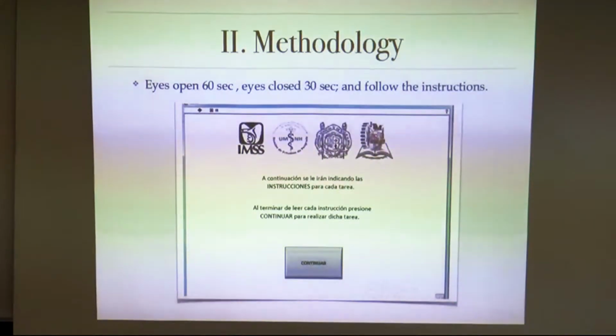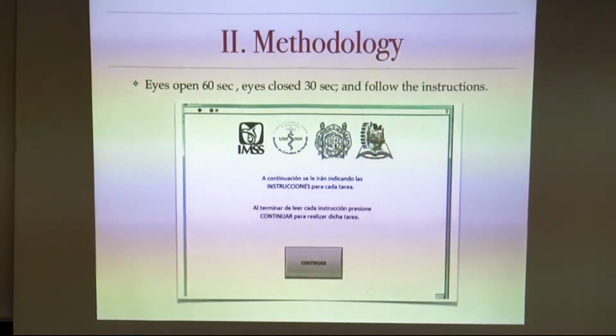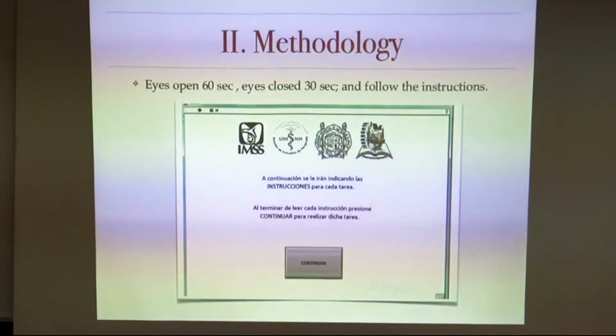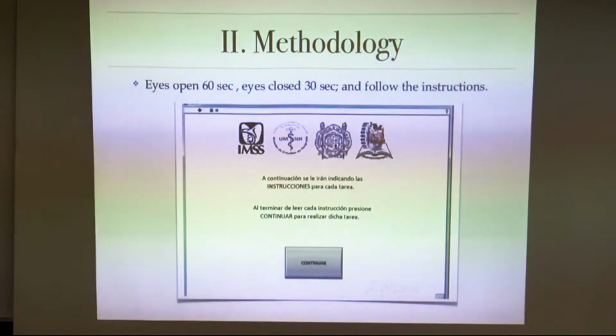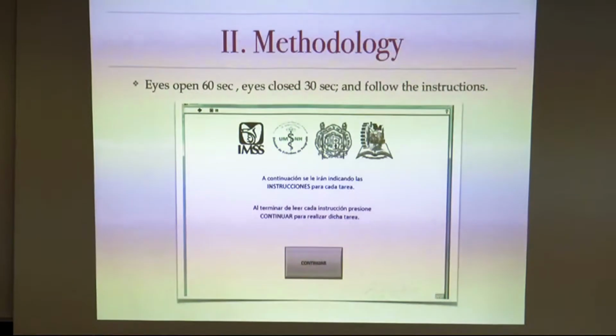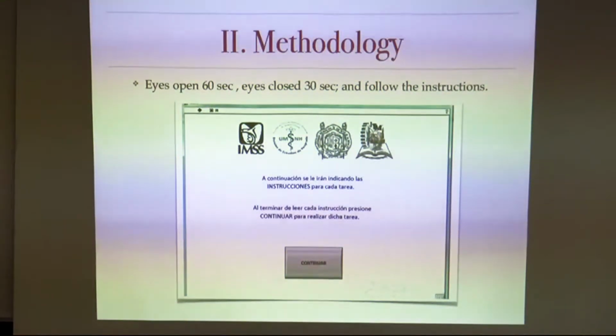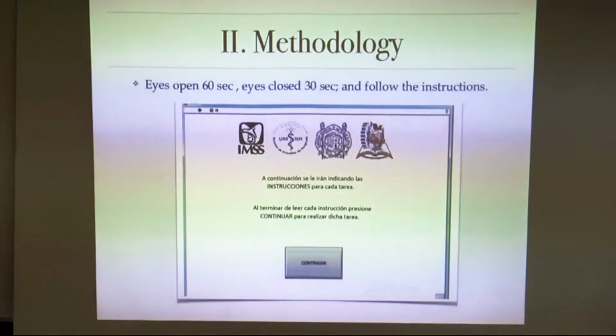And those 60 and 30 seconds are automated. During the whole test, the whole timeouts are automated. Before this, it was held manually. So imagine. Well, the patient only has to follow the instructions on the screen. Every continue button is a markup also.